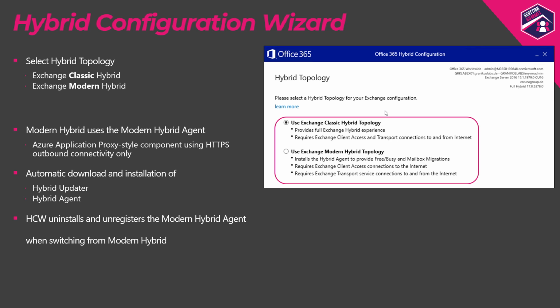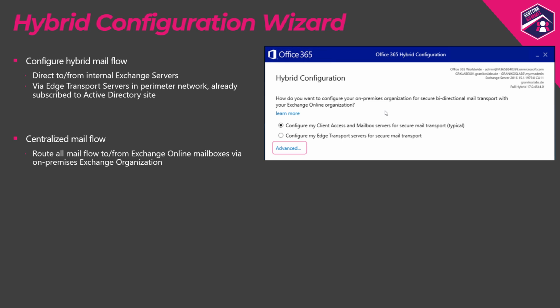Yes, it does. This is what the name stands for. It downloads new versions of the agent, installs the software, and keeps the agent updated. If for whatever reason you start with Modern Hybrid and want to switch to Classic, the configuration wizard will uninstall the Modern Hybrid agent when you switch to Classic.